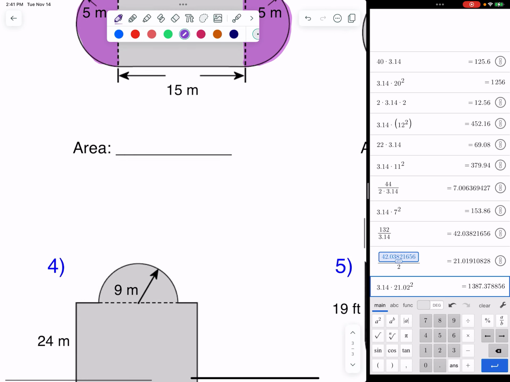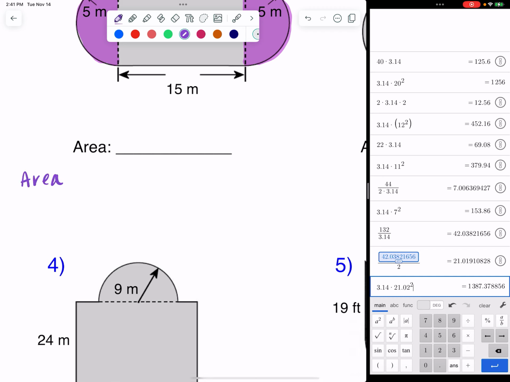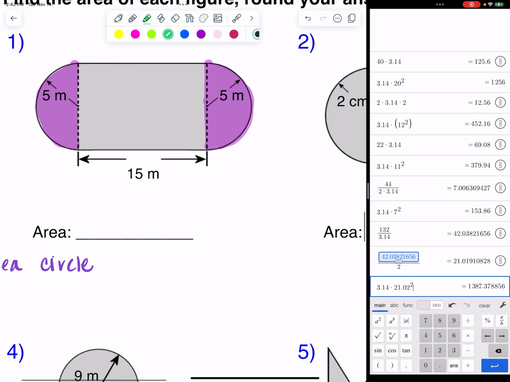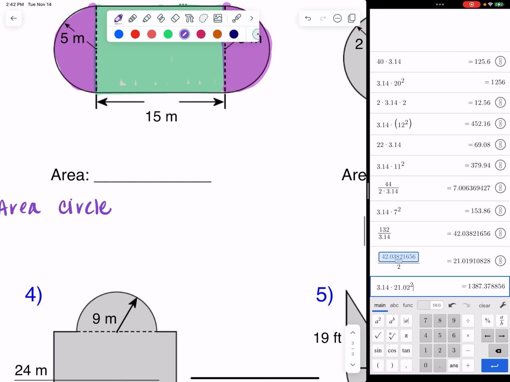So if I could find the area of the circle, and then inside here, I see a plain old rectangle. So if I take the area of that circle and the area of the rectangle, if I add them together, I get the area of the whole thing.